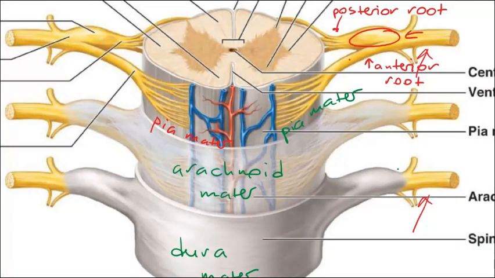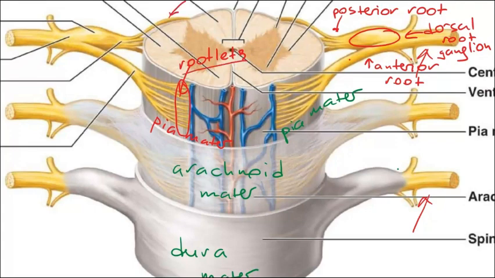This is the dorsal root ganglion. Now, what about these branches? These are called rootlets. You can only see the ventral rootlets, the rootlets of the ventral root, right? The rootlets here, the anterior rootlets. But there are posterior as well.